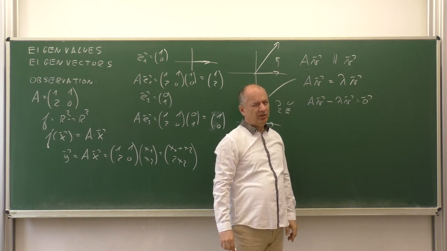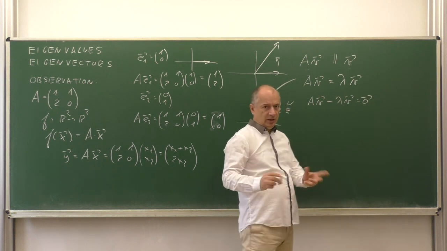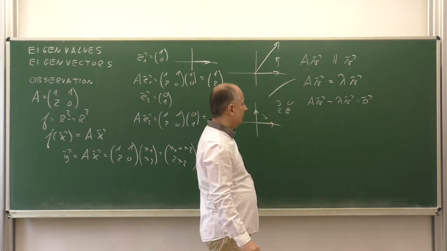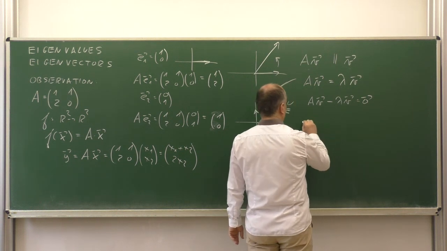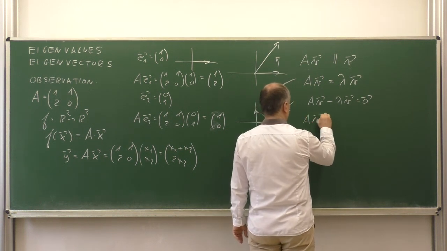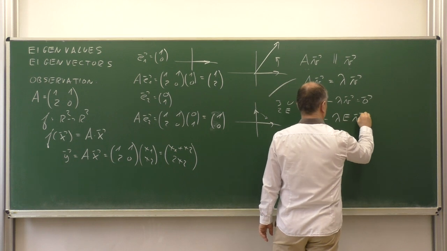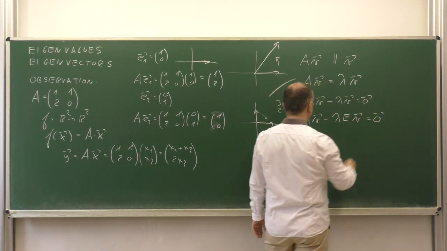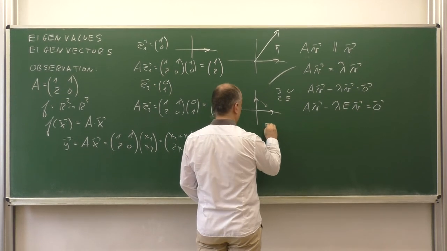It's not okay to subtract or add objects of different kind, numbers and matrices. But we can write E here, where E is the identity matrix.